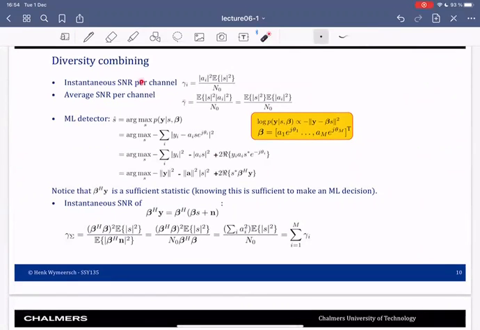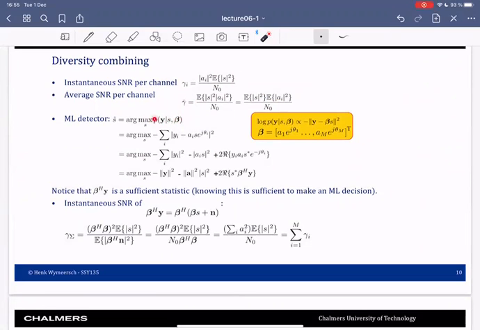Good. So instantaneous SNR per channel is the expression that we found. So this is the energy of the symbols, the channel gain squared over the noise. Average SNR, so I average over both the signal and the channel, and they're independent, so I can write this expectation out like this. Maximum likelihood detector is I maximize the likelihood function.